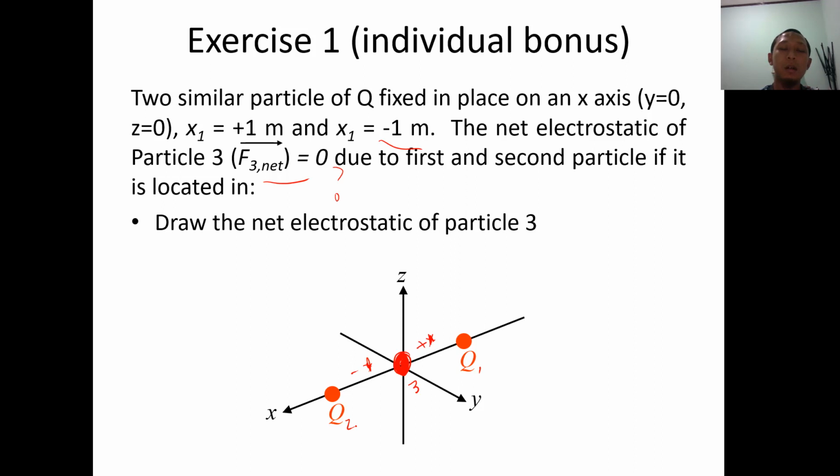Because particle 3 has a similar charge, we draw for Q1 the force F Q1 Q3, and for Q2 the force F Q2 Q3.